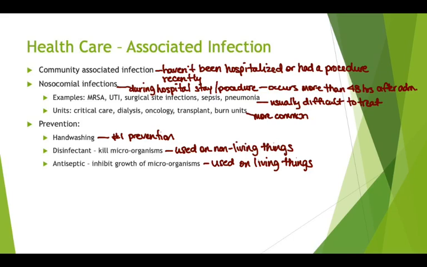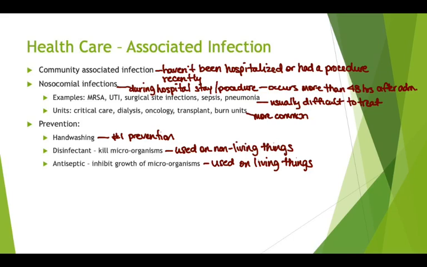If you see the trend with all the units, they're all the units where patients that are immunocompromised or have an alteration in their defense system are more prevalent. So these are the units where those types of patients are more likely to be, and that's why those are the ones that are higher in nosocomial infections.